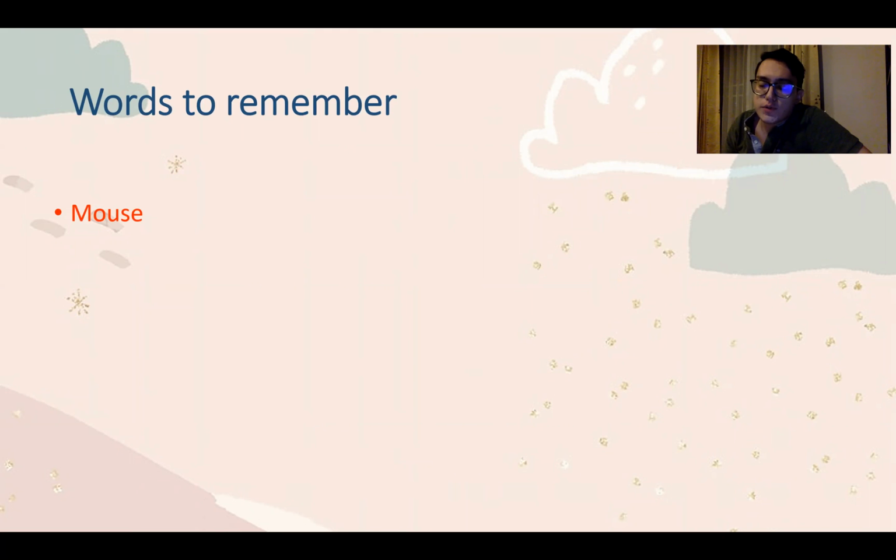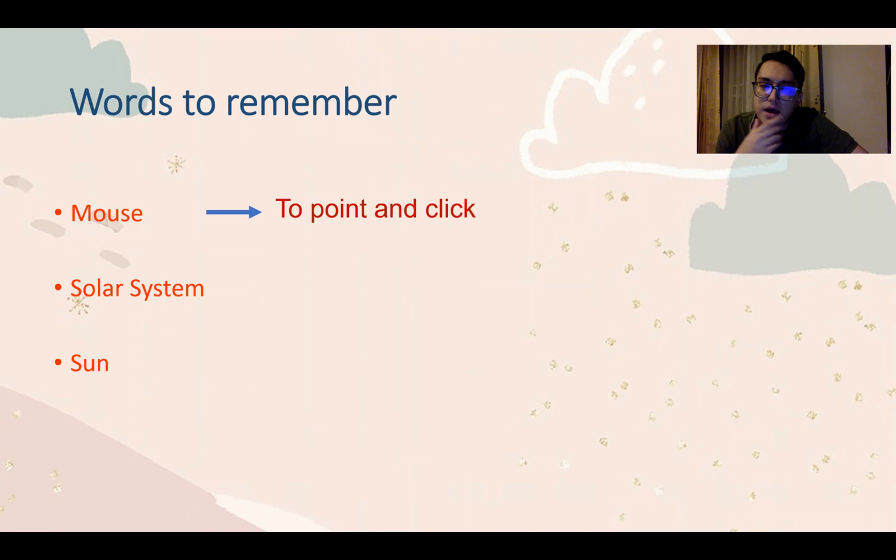The word to learn and remember for today is mouse. Solar system, sun, mouse. What's the mouse? The mouse, as you remember, I hope that you remember, is to point and click. Solar system.